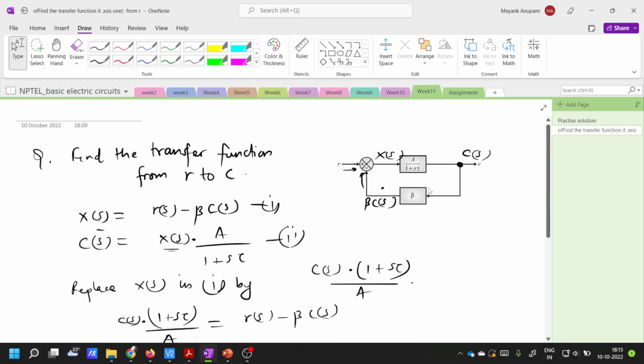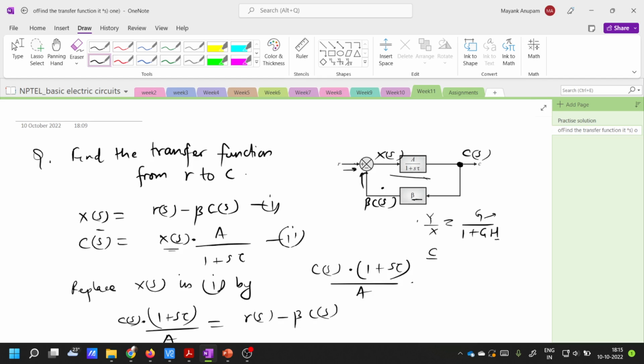It can also be easily seen from the formula that you might remember, that for a feedback system, y divided by x is equal to what? Suppose y is the output and x is the input, it is equal to g divided by 1 plus gh, right? Where g is the forward path gain and h is the feedback path gain. In this case, forward path gain is A divided by 1 plus s tau and the feedback path gain is beta.